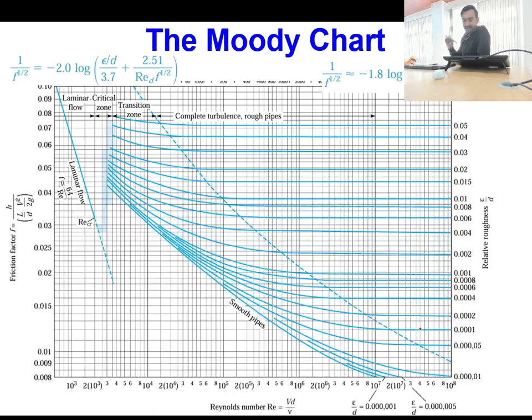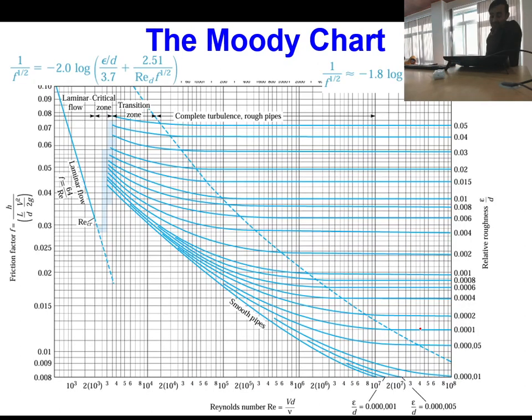And to relate the pressure drop or friction factor for such surfaces, a detailed diagram was given, which is called Moody's diagram.